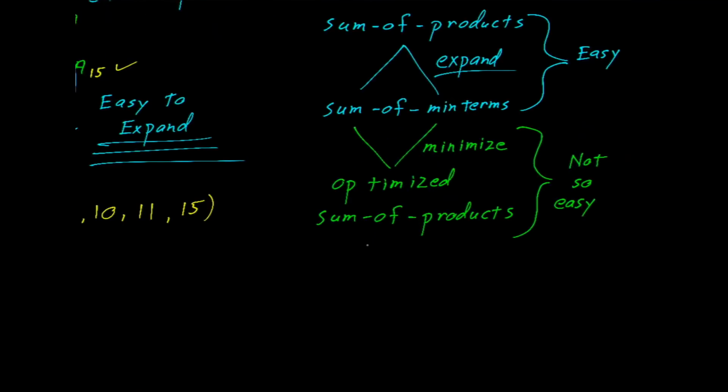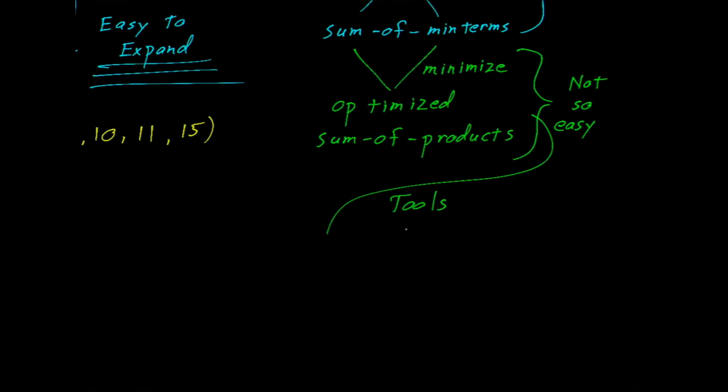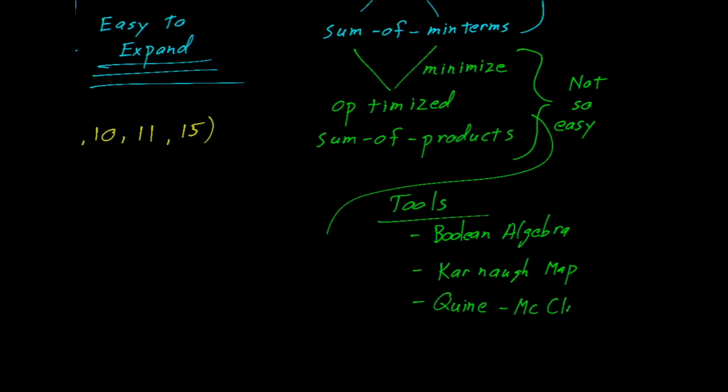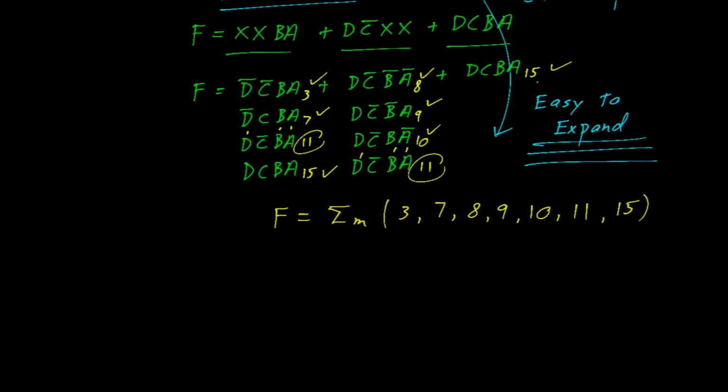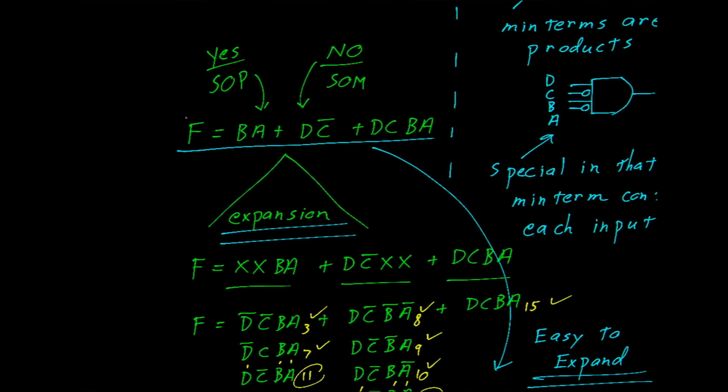Which brings us to the main point of our discussion, and that is to identify the tools that are available to us, including Boolean Algebra, the Karnaugh map, and the Quine-McCluskey algorithms. Remember that circuit minimization is important to us because it determines how the hardware will be built.